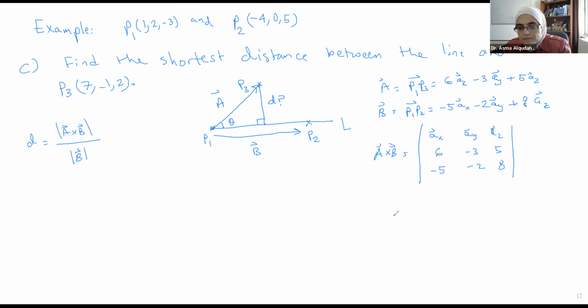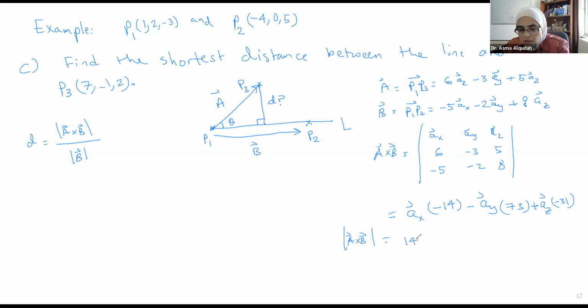This is equal to minus 24 plus 10, which is minus 14, minus a sub y times 48 plus 25, which is 73, plus a sub z, minus 16 minus 15, which is minus 31.